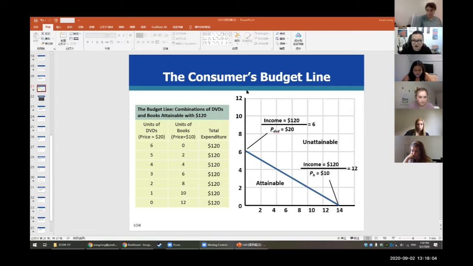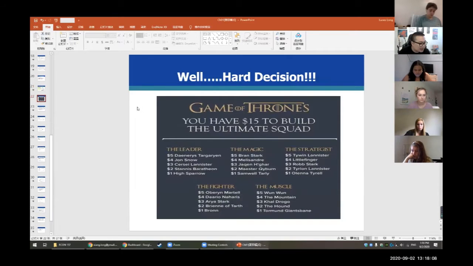I used to talk to my students about these things. If you watch Game of Thrones, okay, I'm a huge Game of Thrones fan. If you have $15 to build the ultimate squad, and you have the leader, the magic, the strategy, the muscle, the fighter, how can you build your best team?